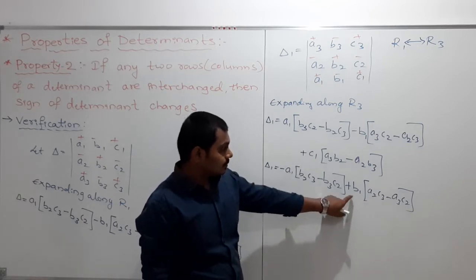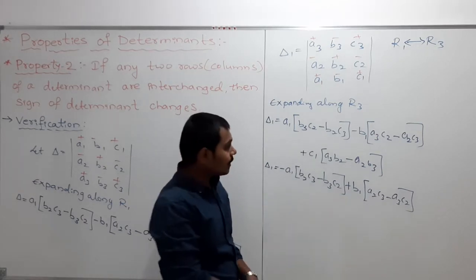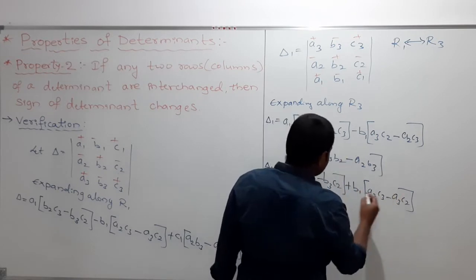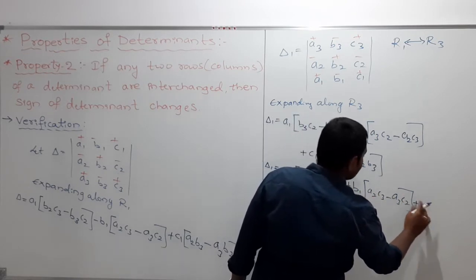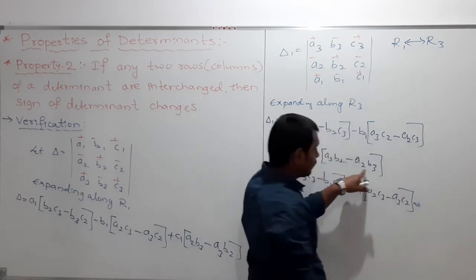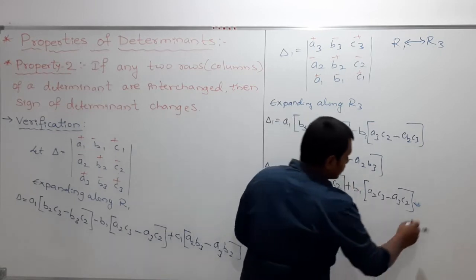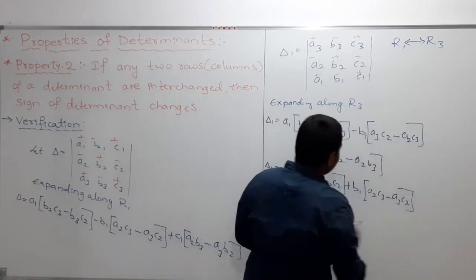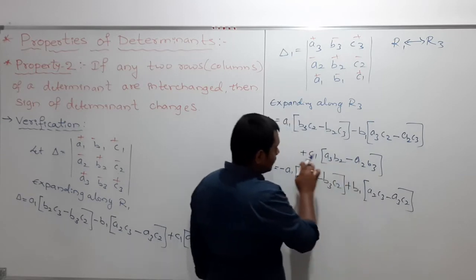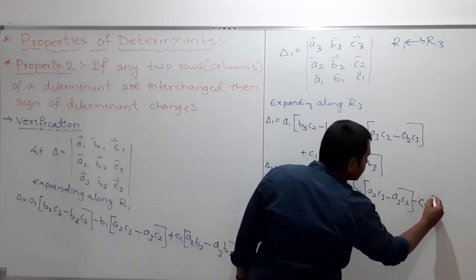Clear? And next my dear students, from this plus, sorry, I am taking again from these two, I am taking minus sign outside. So if you take minus sign outside from this, so plus into minus C1.